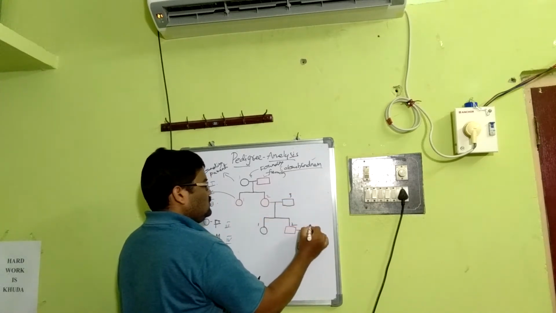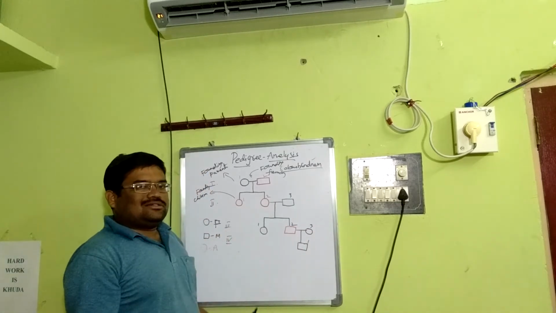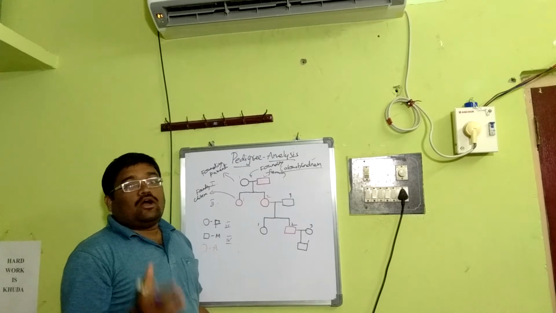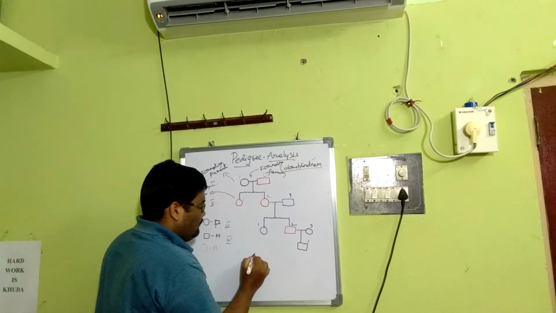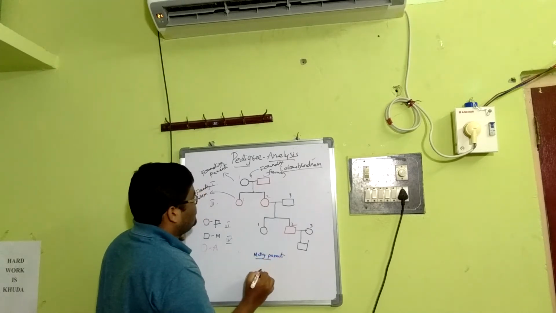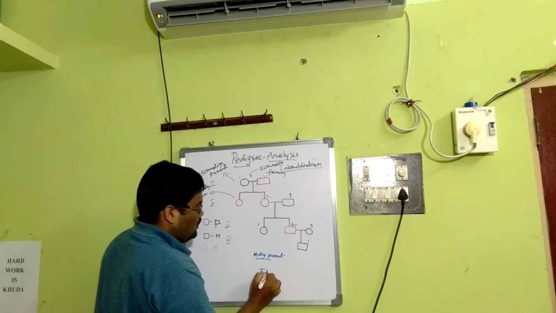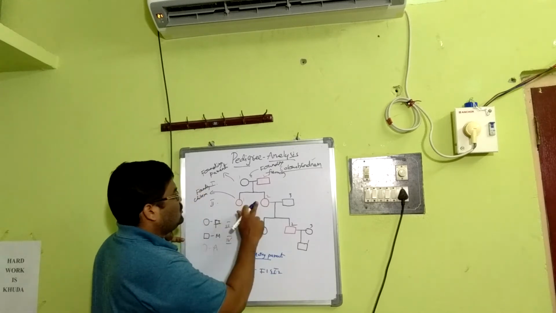If one asks how many mating parents there are: mating parents are I-1 and I-2 in the first generation, then II-2 and II-3 in the second generation.